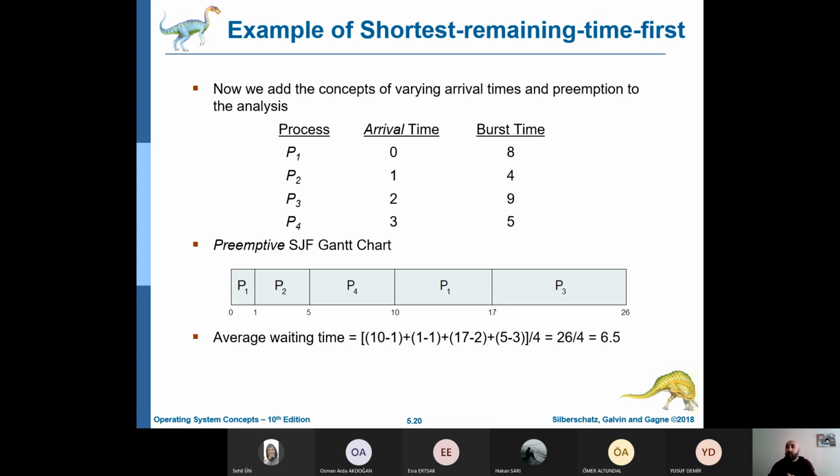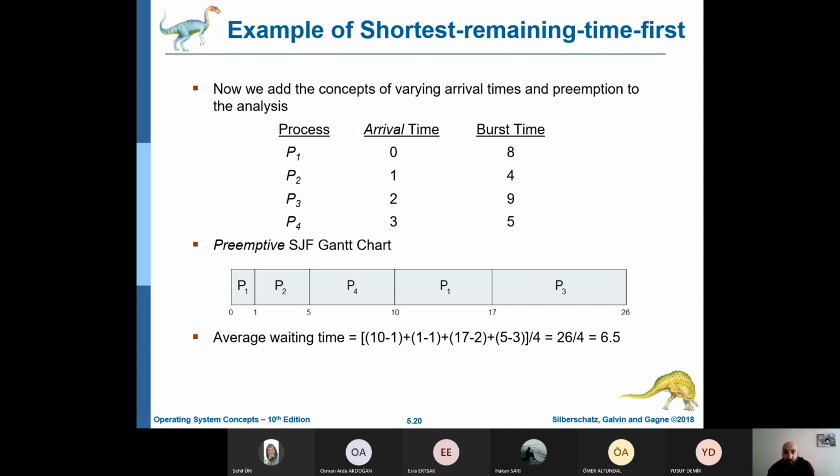Hello again. Let's continue with the shortest remaining time first scheduling algorithm. We already emphasized that the shortest job first algorithm can be preemptive or non-preemptive. This choice arises when a new process arrives at the ready queue while a previous process is still executing.